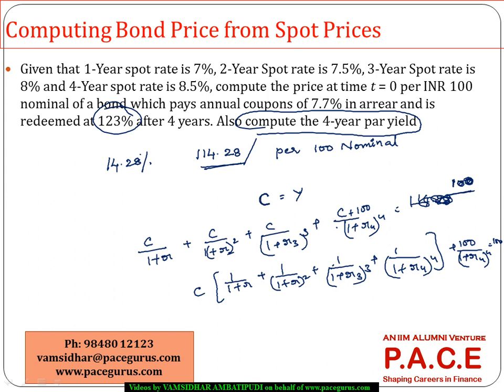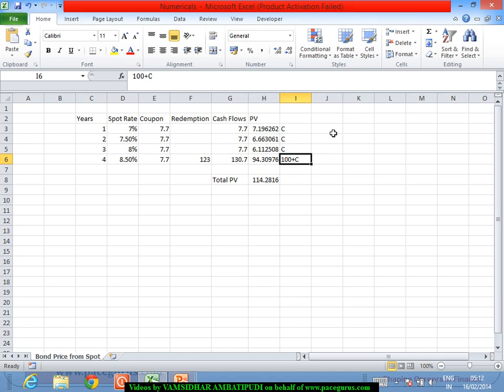All the numbers are available for us. So what we can do is first compute the discounting factors.